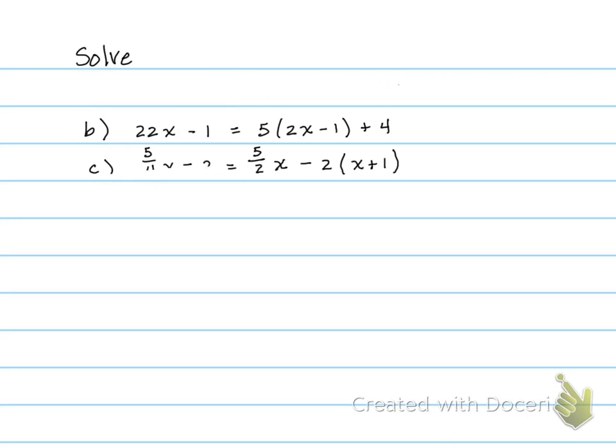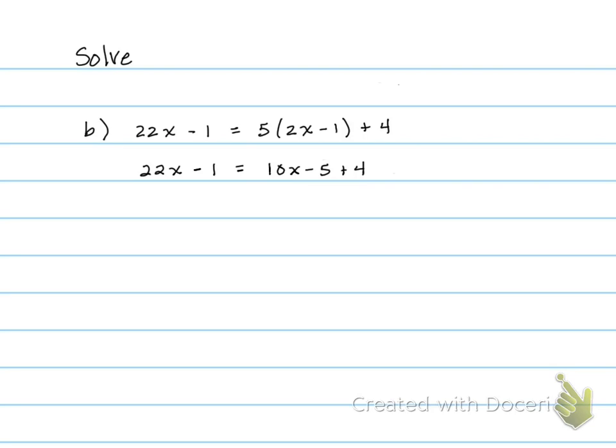So on the second one, what'd you guys get? 0. X equals 0. Yes. Did we all get x equals 0? Anybody? Okay. X equals 1, 6. Ooh, let's look. So 22x minus 1 equals 10x minus 5 plus 4.